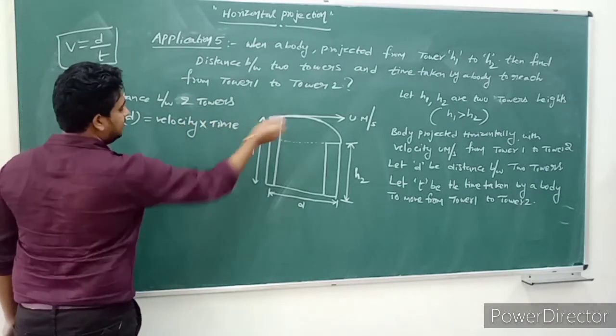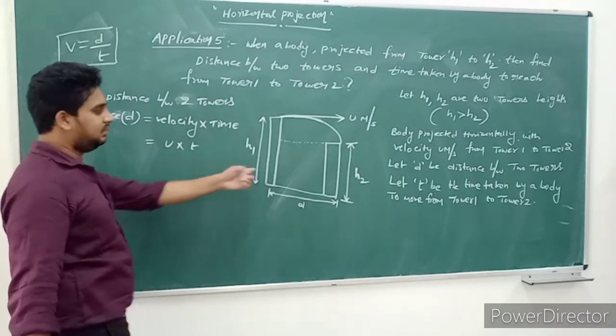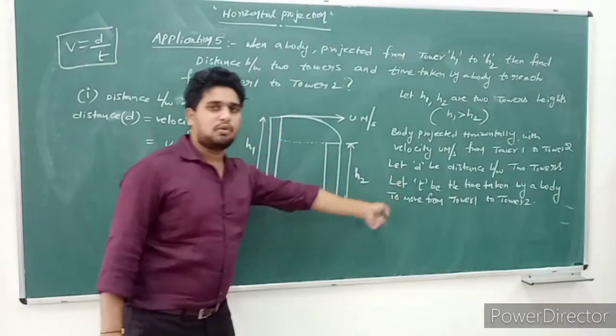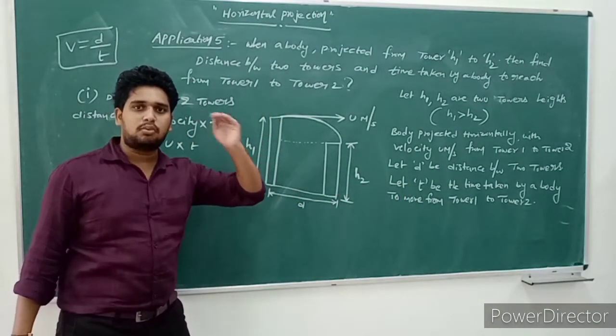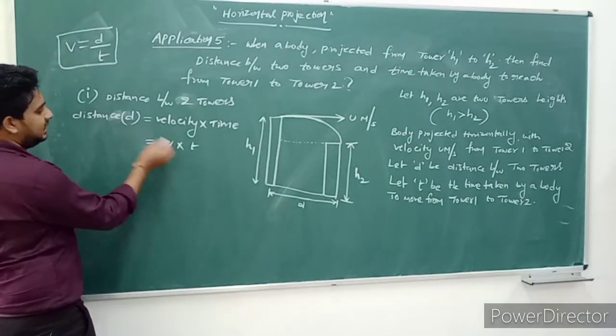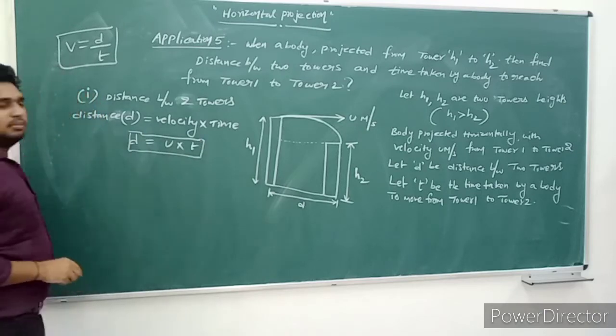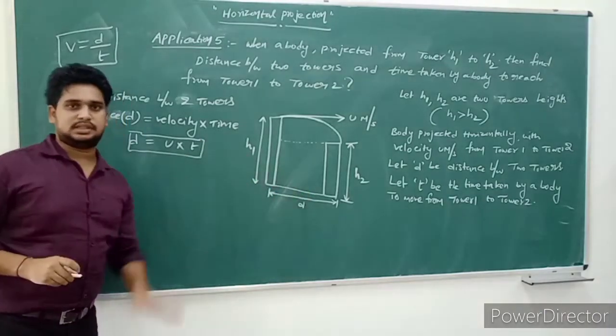Here velocity is u, time is t. Already you consider t means the time taken by the body to reach from tower 1 to tower 2. So d is equal to u into t. This is the formula for the distance between two towers.